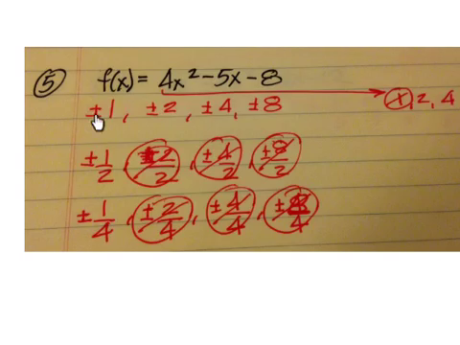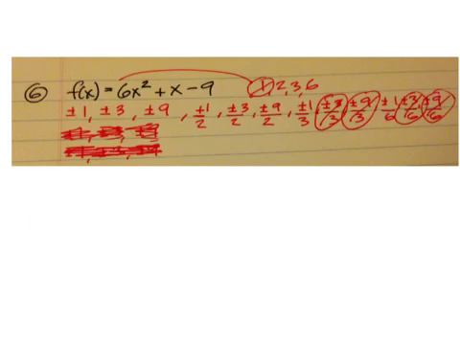For number 5, it's plus or minus 1, 2, 4, 8, 1/2, and 1/4. These cancel out. They are duplicates. On number 6, you should have plus or minus 1, 3, 9, 1/2, 3/2, which is the same as 1.5, 9/2 is the same as 4.5, 1/3, 1/6.